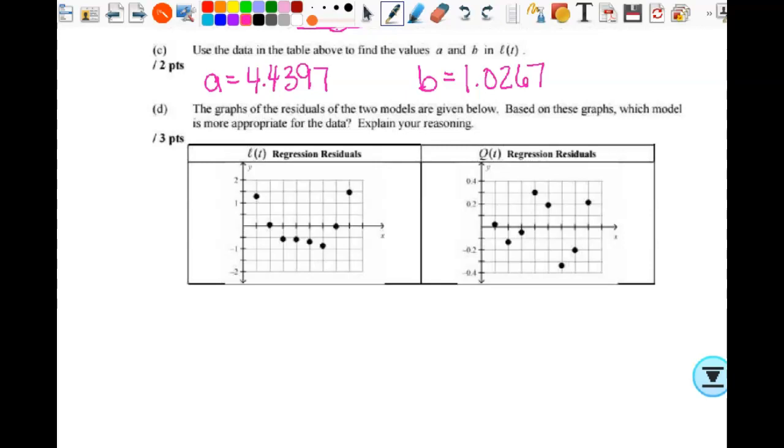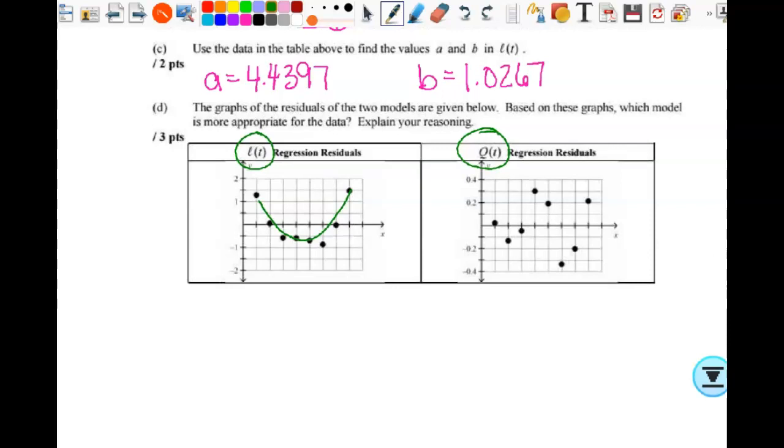Okay. The graphs of the residuals of the two models are given below. Based on these graphs, which model is more appropriate for the data? Explain your reasoning. Okay, so I feel like between L of t and Q of t, I see a pretty clear pattern there. This is random, and yes, it goes up, down, up, down, up, down, but that's not a pattern, okay?